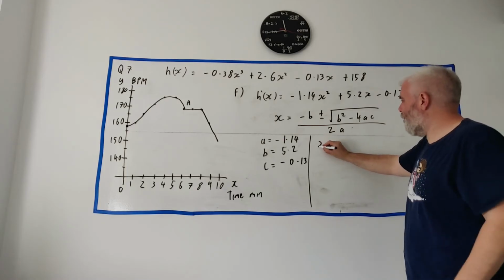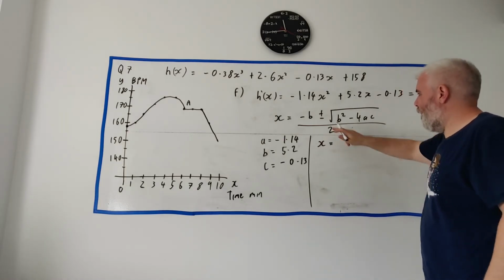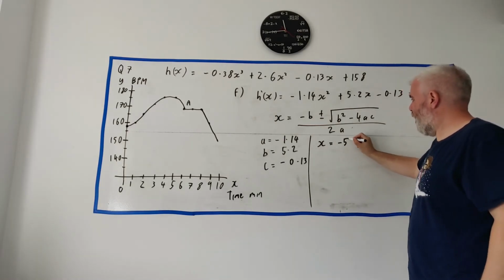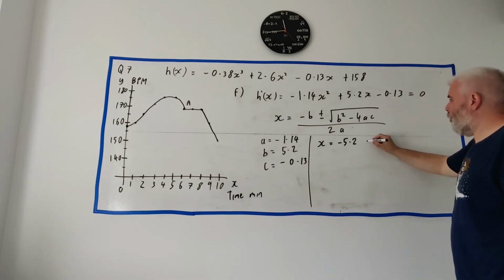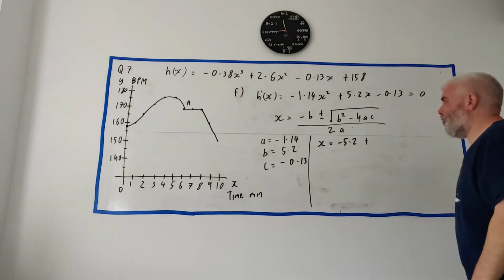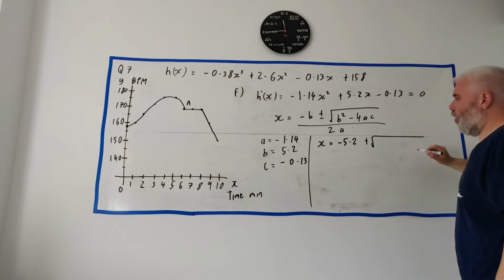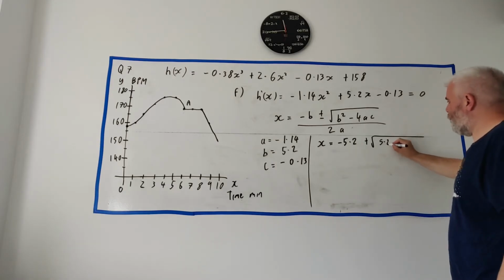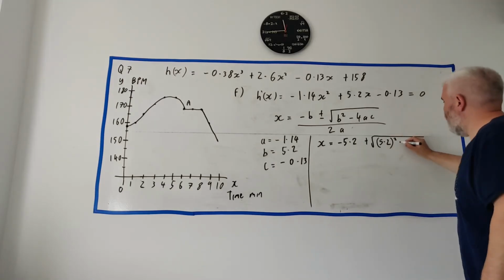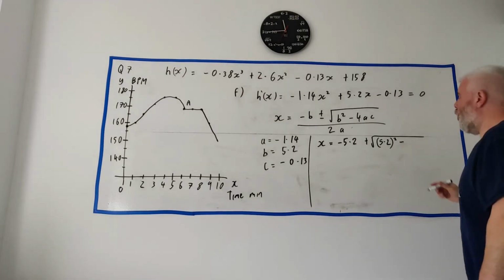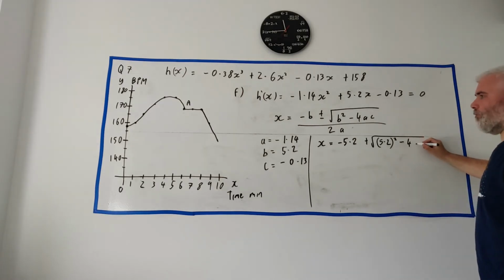It's going to be the same way. So x is equal to minus b, which is minus 5.2, plus (we'll just use plus the first time) the square root of b squared, 5.2 squared, minus 4 times a.